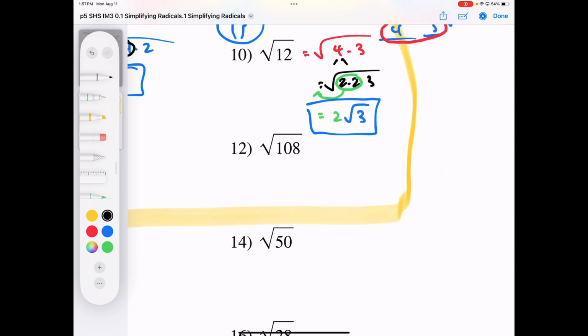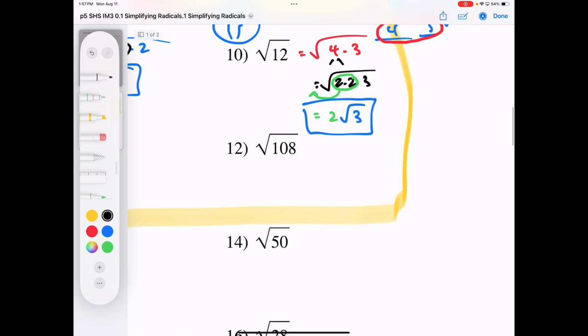Eritzel, go ahead and tell me some numbers that multiply to be 108. Good. Anyone else? 54 times 2. 4 times 27.